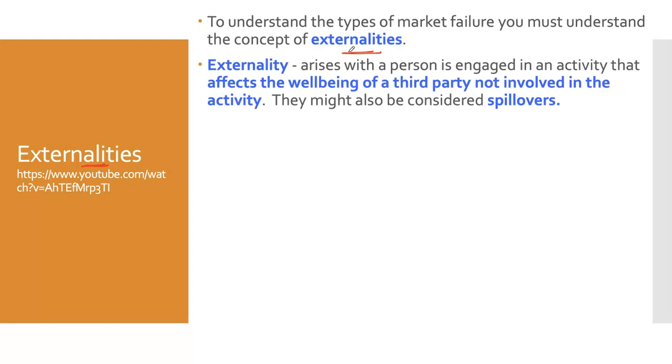An externality arises when a person is engaged in an activity that affects the well-being of a third party not involved in the activity. We might consider these a spillover as well, but essentially a third party, someone or something else, has been impacted by someone's activity and they weren't meant to have been impacted.